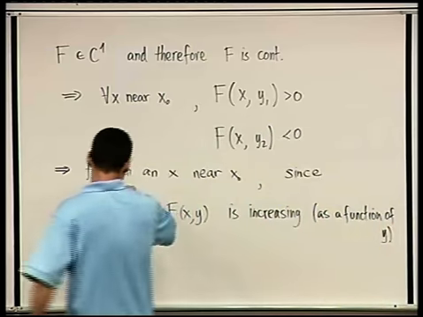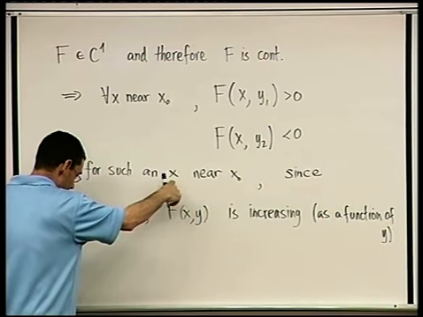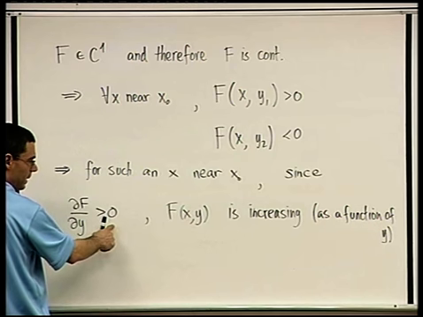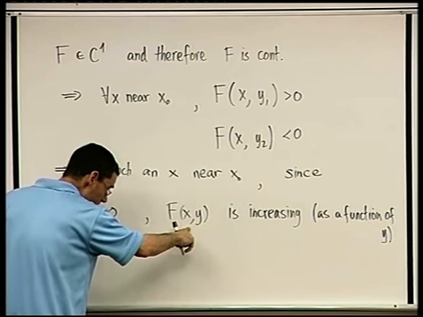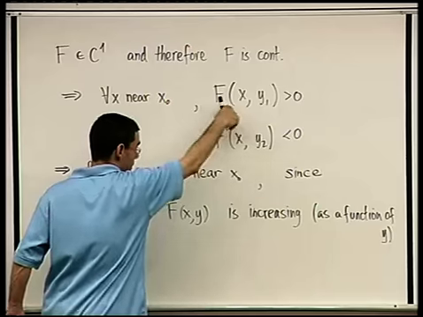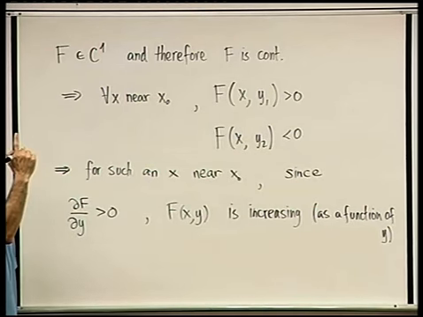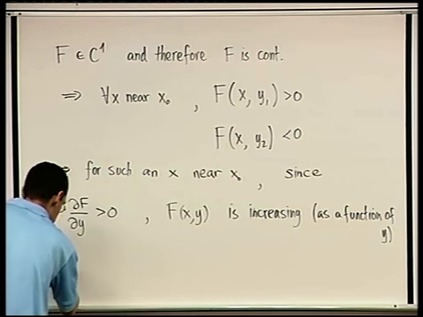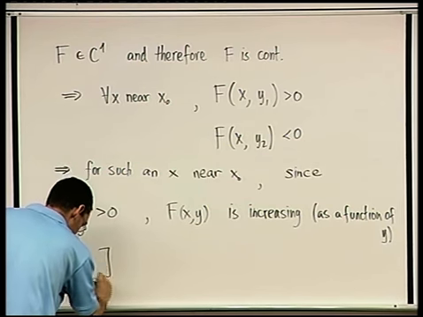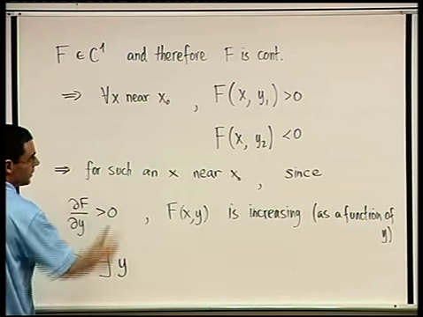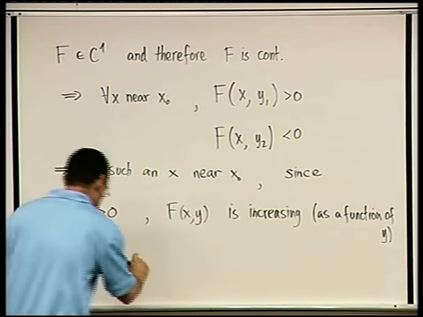But now I'm looking at some x like this. The derivative with respect to y is positive, so it's an increasing function of y. It's negative here, it's positive here, so it's going to have a root, and it's going to have a unique root, right? So therefore, there exists a y somewhere between y1 and y2.